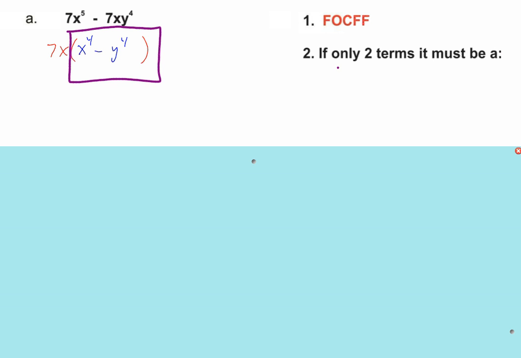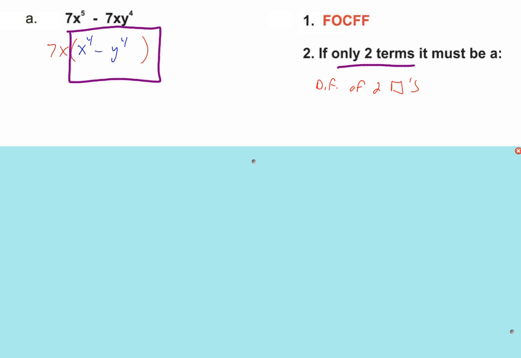If it's only two terms, the only way to further factor two terms is if it's possibly a, what kind? What's the only kind we can do if it's two terms? A difference of two squares. So, if only two terms, it must be a difference of two squares if you're going to be able to factor it. And it may not be that. And if it's not that, you can't do anything else. But that's the only possibility.